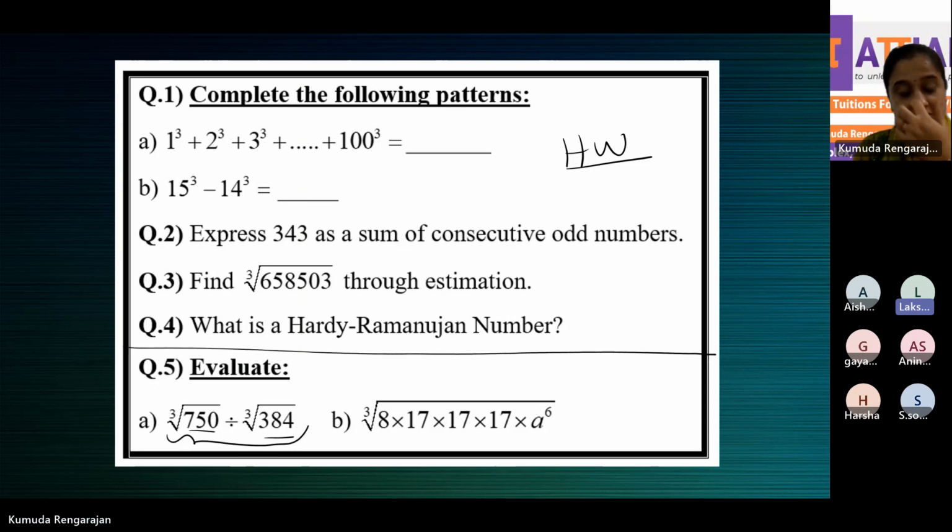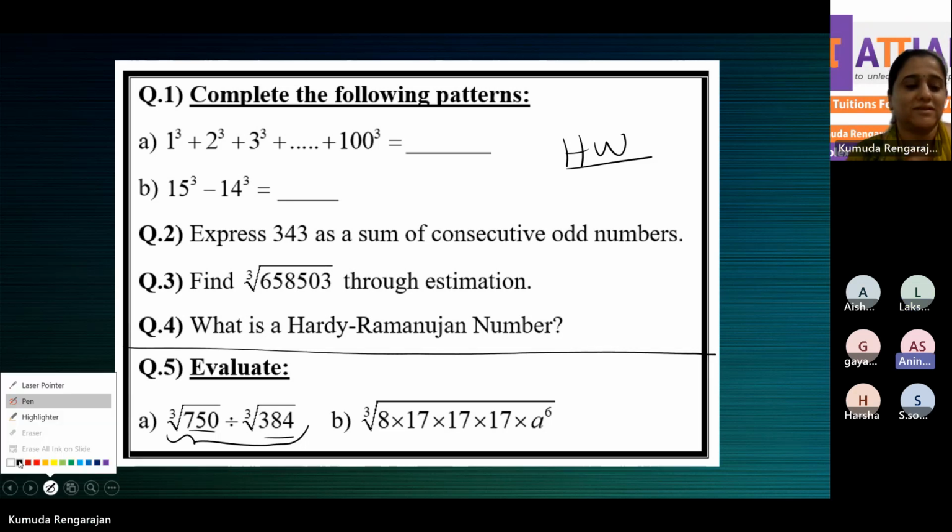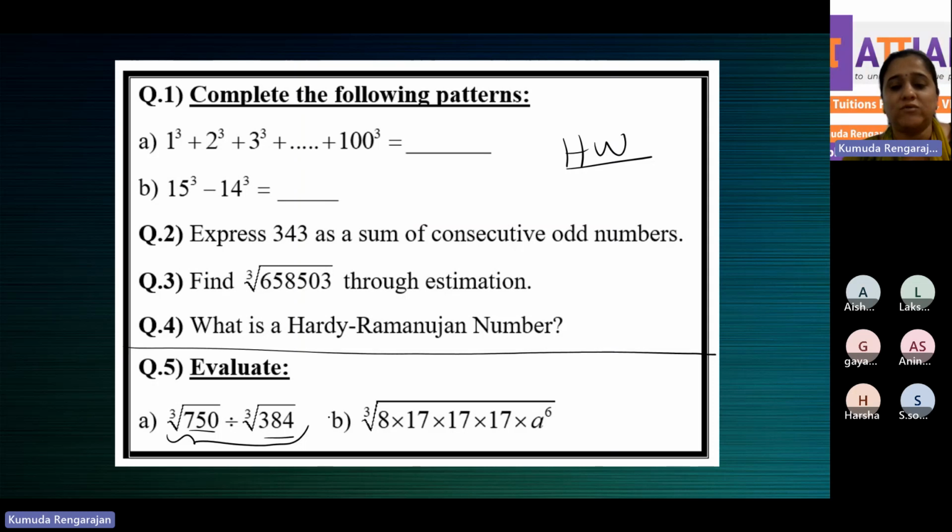Ma'am, I'm getting the answer as 34a to the power 3. Very good. That's the right answer. Even I'm getting the same answer. Okay, good. Anantika, can you explain how you got that? Okay, ma'am. First of all, you need to take the cube root of each and everything.